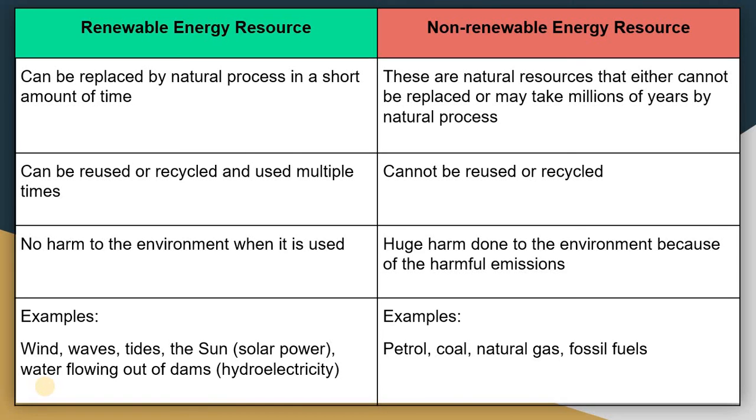When you clear off a forest, you would destroy the habitat of some animals and plants. So they will lose their home, they will lose their shelter, and of course, with animals being driven out from their homes, it means that there could be shortage of food for some animals.